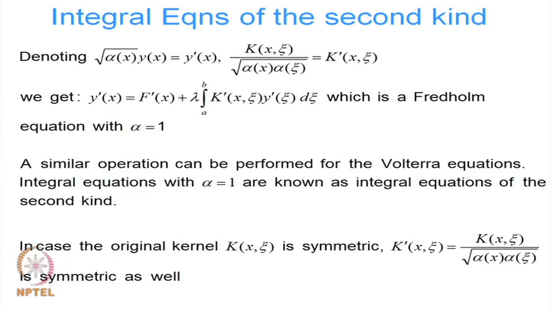So if my kernel was symmetric in x z, by performing this operation I am going to preserve the symmetry of the kernel, because you can see I am dividing by root of alpha x and root of alpha z. So it is still symmetric in x z, right. So in case the original kernel k x z is symmetric, k prime x z, which I define like this, is going to be symmetric as well, right.